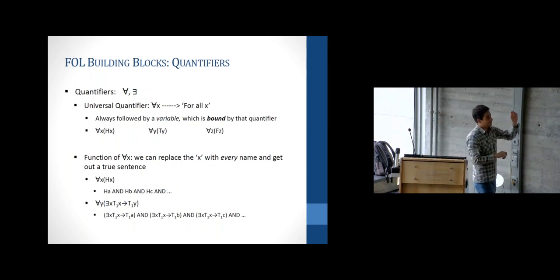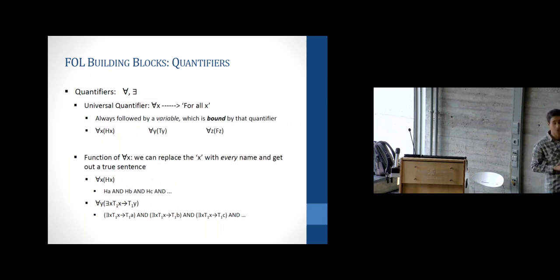So we read the expression upside down A variable x as saying for all x. So this is why you don't have to worry about x's dangling by themselves, because they are always connected to a quantifier. Okay, in this case, the universal quantifier.